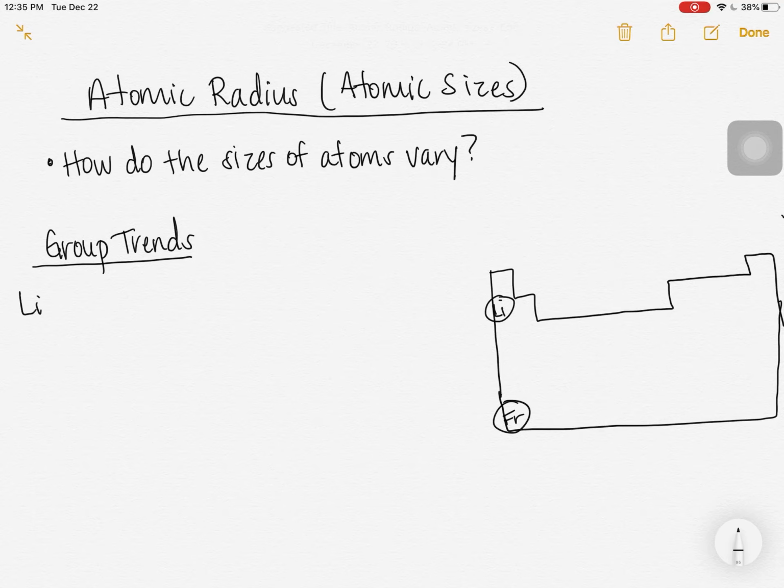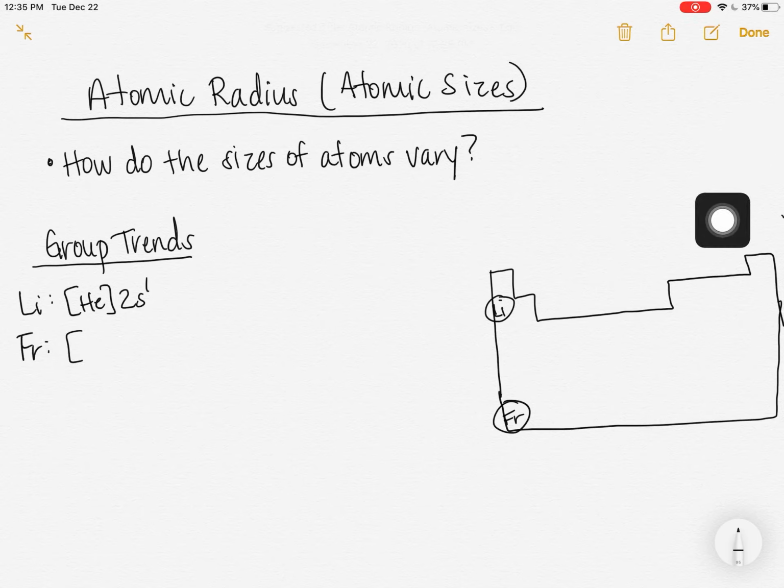If I were to write lithium's electron configuration, using the noble gas configuration, it would be helium, and then it has one electron in the 2s, whereas francium, holy cow, you wouldn't want to write francium's electron configuration, would you? Francium's would be radon, and then it has one electron in the 7th level, in the 7s.